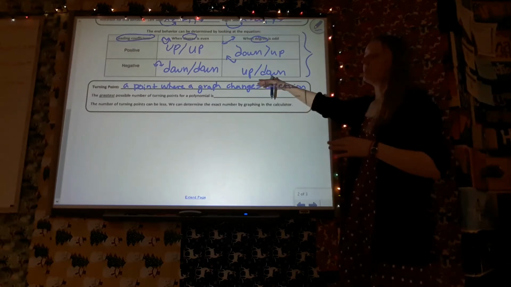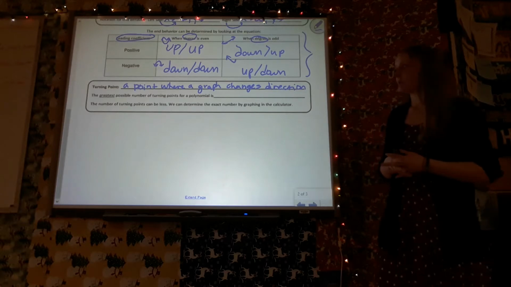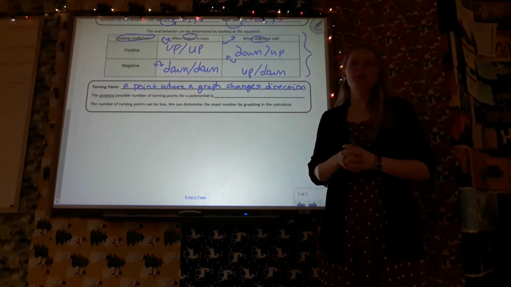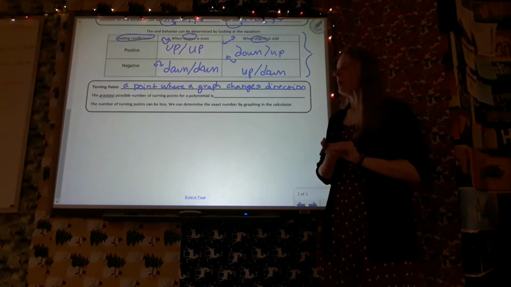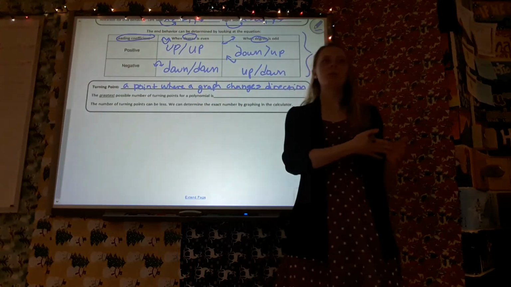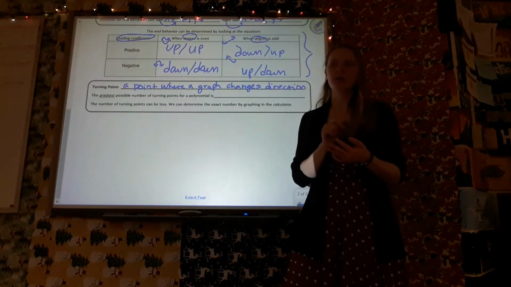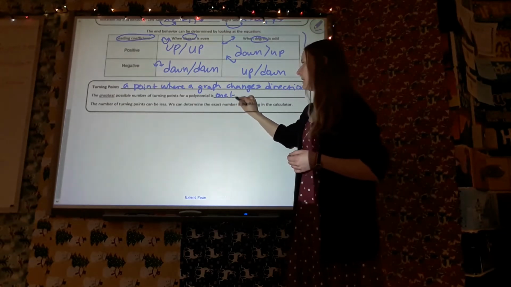Now, you guys need to know the definition, but you also need to know another rule that follows along with turning point. I may ask you how many turning points a function has just by looking at the equation and not the picture. You can't tell me exactly how many, but you can tell me the maximum. That is going to be 1 less than the degree.